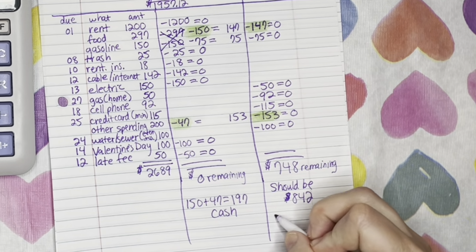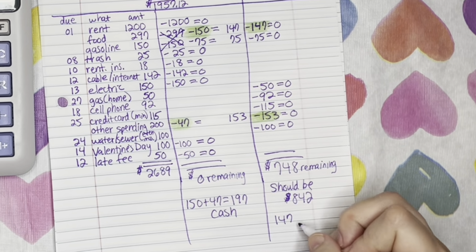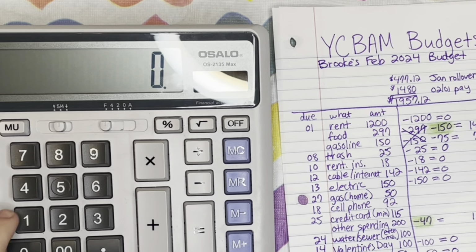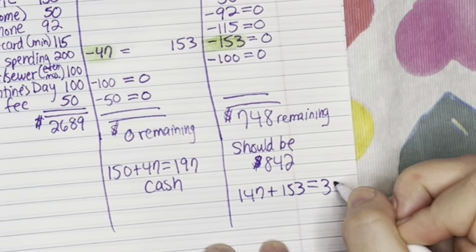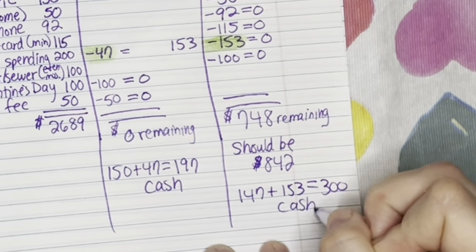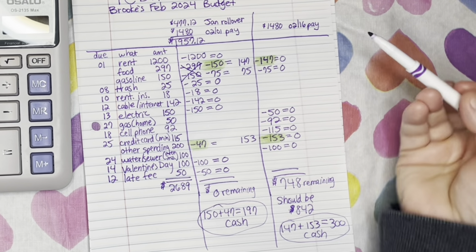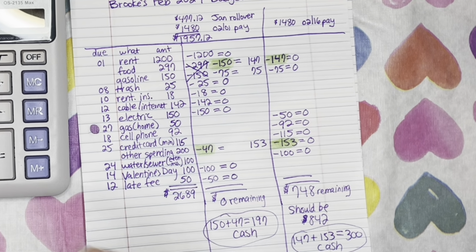And then 147 for the food plus 153 for other equals 300 cash. The 300 cash, when she gets paid on the 16th, she can pull that money out of the bank. When she gets paid on the 1st, she takes out $197 in cash.